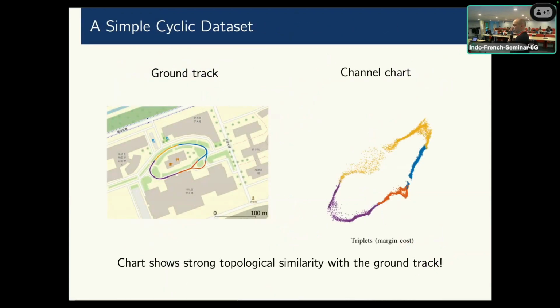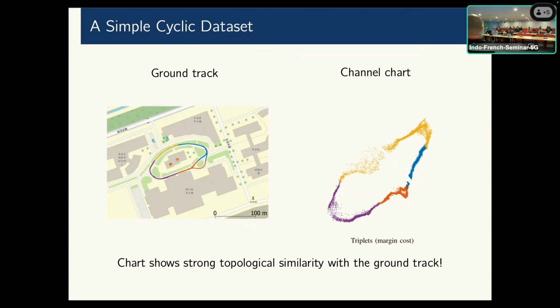Some more experimental results now with a simpler data set. Here what we did is we went around this building multiple times. So it was a cyclic measurement campaign. And there was one variant here. Sometimes we would drive on the left of this bush, and sometimes we would drive on the right of this bush.